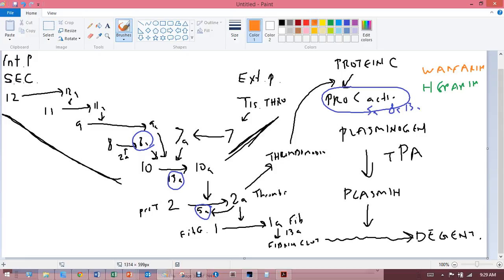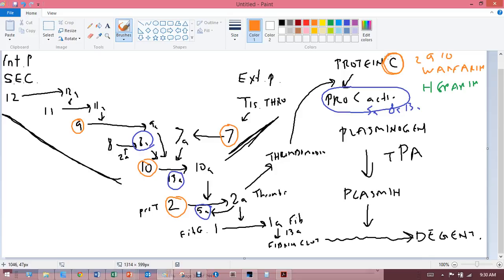And warfarin takes its effects on 9, 10, and 2, also known as prothrombin. So 2, 9, and 10. And it also takes effect on 7, and it also takes its effect on protein C as well.